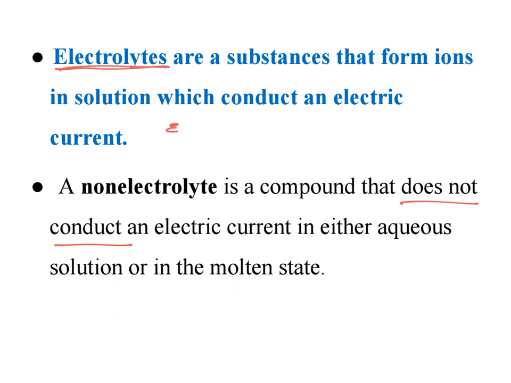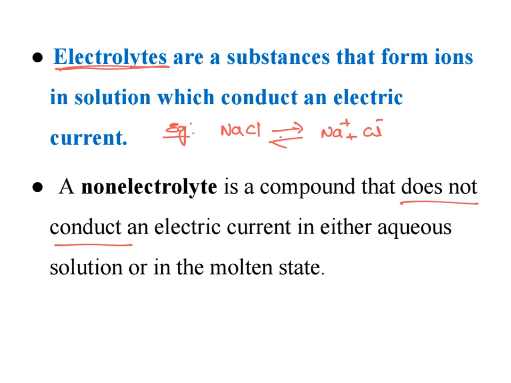Let's take an example for electrolyte, sodium chloride. When it is dissolved in water, it dissociates as ions Na plus and Cl minus, which conducts electricity due to the migration of ions.